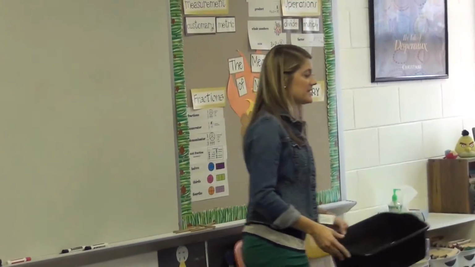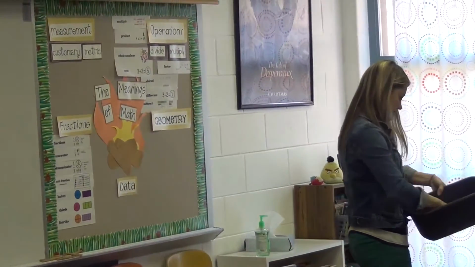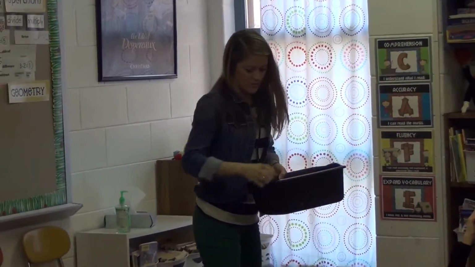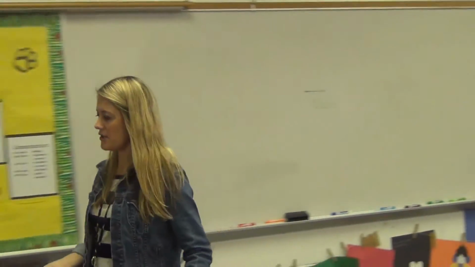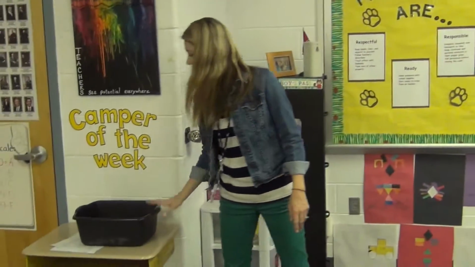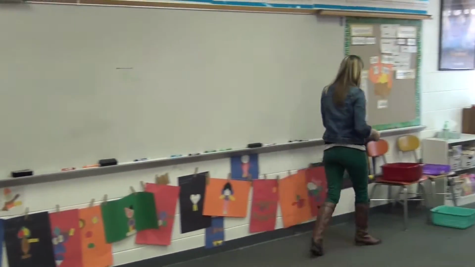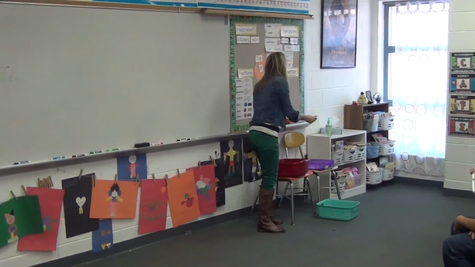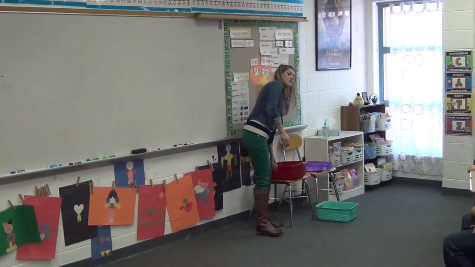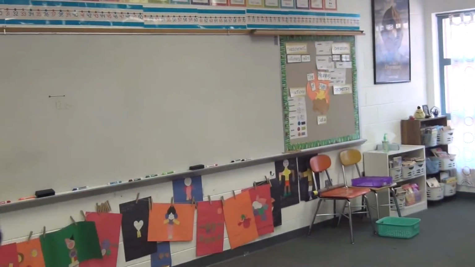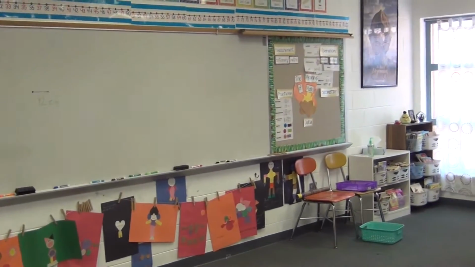So we'll just put this black tab. Let's see. We're going to put this black tab over here close to the door because it's asking you to do some work with the door. Okay? We'll put this red tab over here on my table because it's asking you to do some work with the sink. So we'll put it right here.